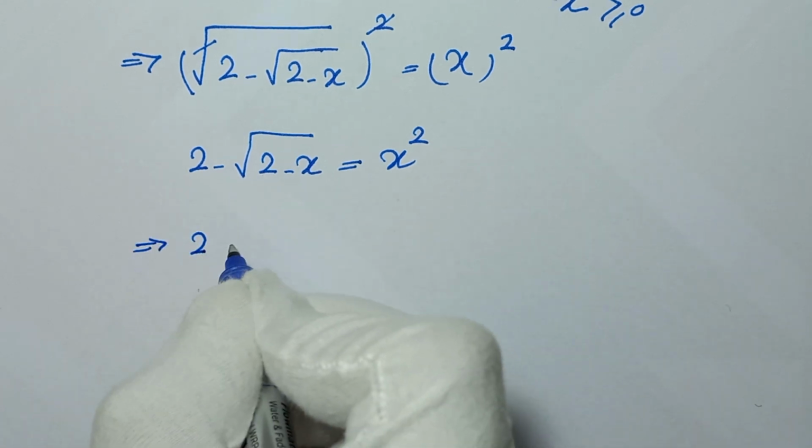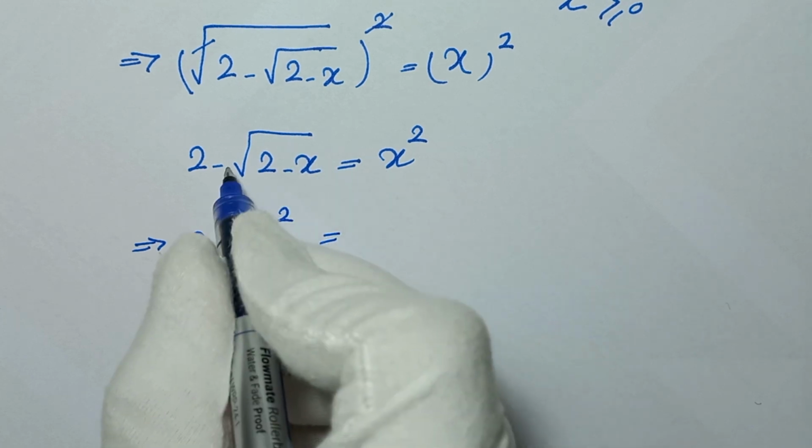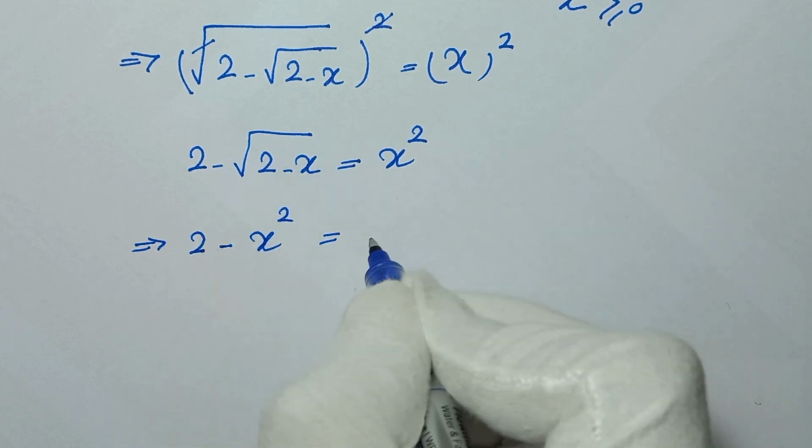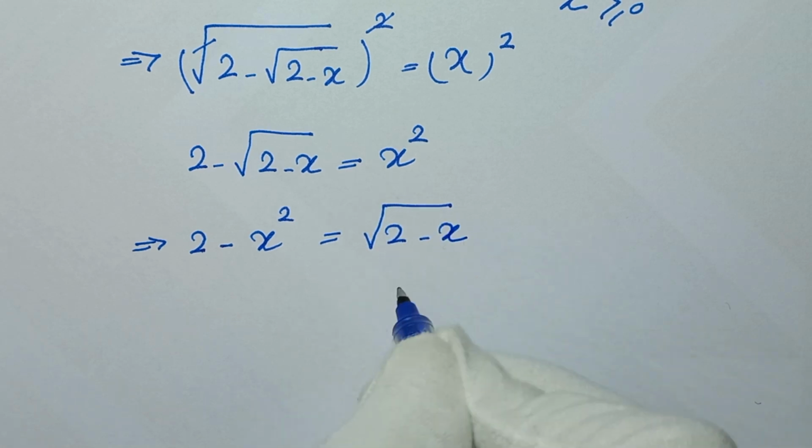So it will be 2 minus x squared is equal to negative square root of 2 minus x, and moving it to this side it will be positive square root of 2 minus x.